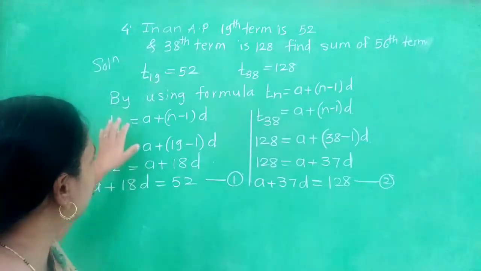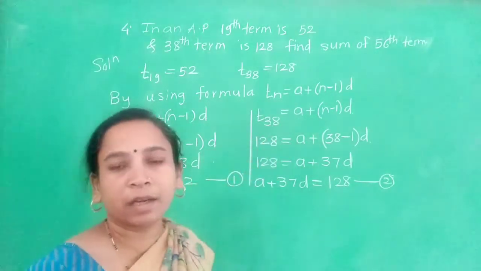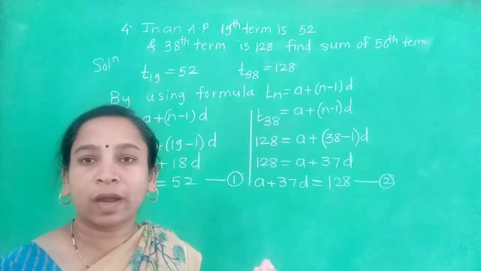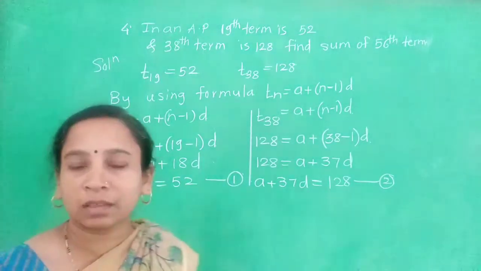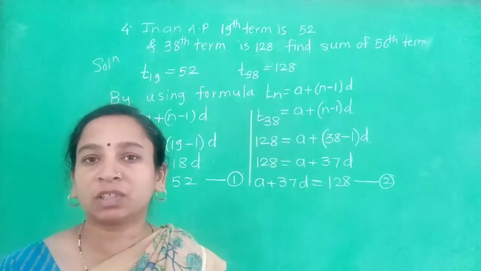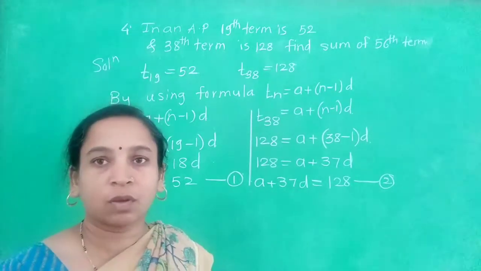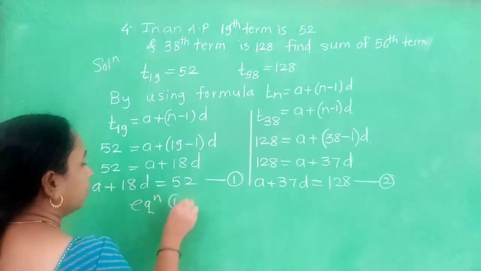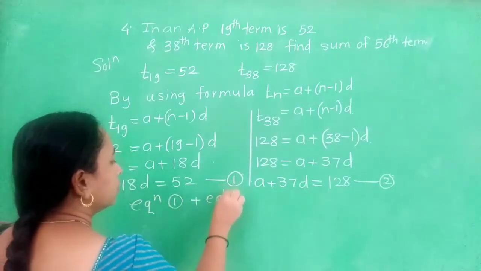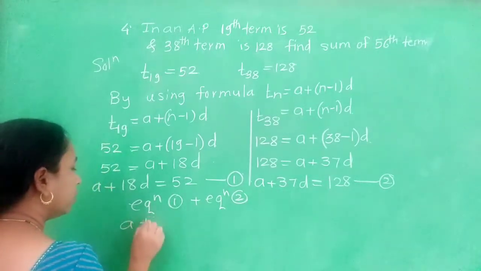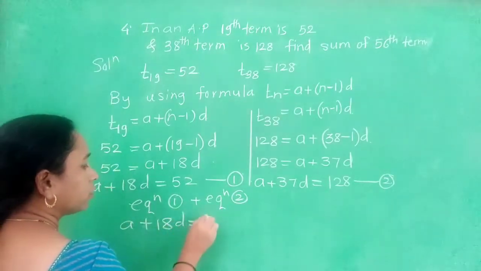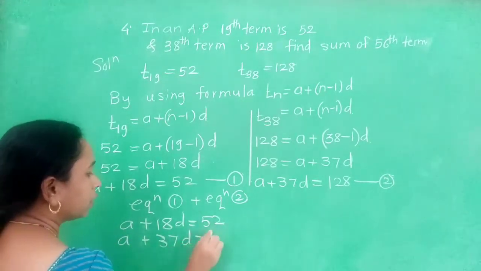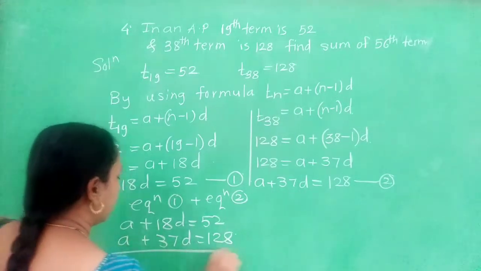In these equations, your 19th term is there, and your 38th term is there. But we want to find the sum of 56 terms. So I think I have to add these 19th term and 38th term first. So if I add equation 1 plus equation 2: A plus 18D is equal to 52, A plus 37D is equal to 128.